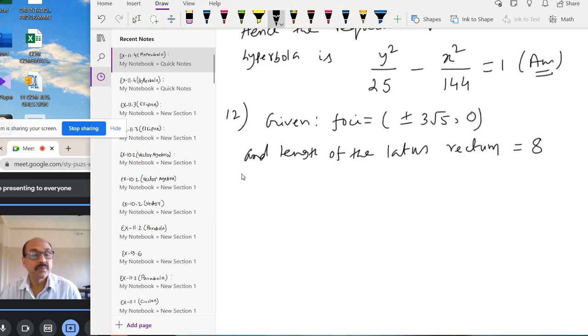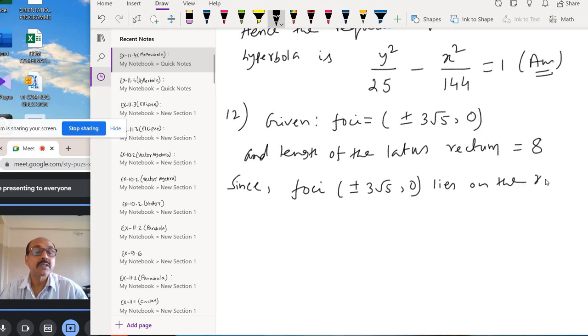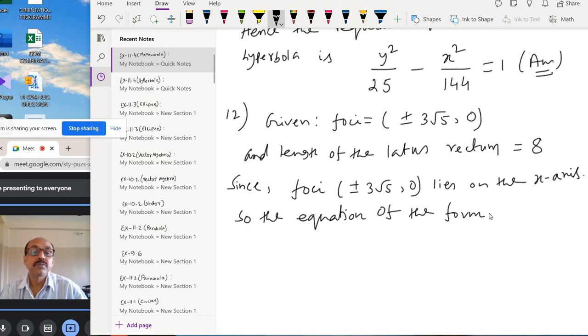Okay, so since (±3√5, 0) lie on the x-axis, the equation is of the form x square by a square minus y square by b square equal to 1. Okay, type 1.